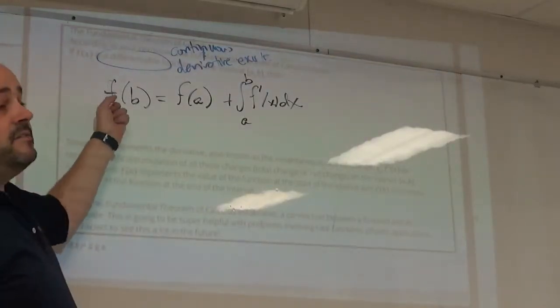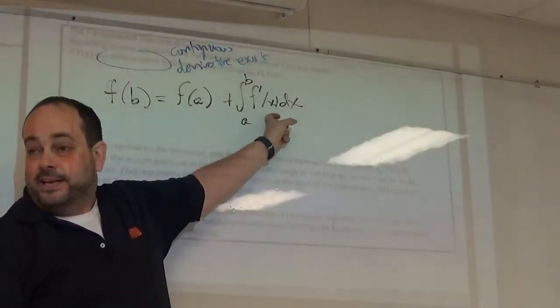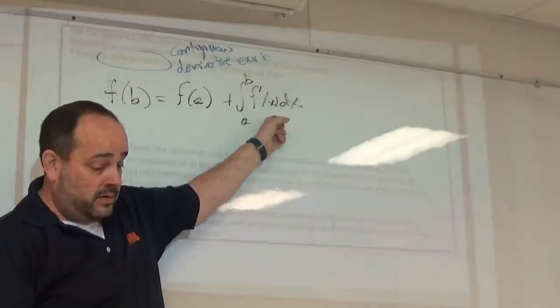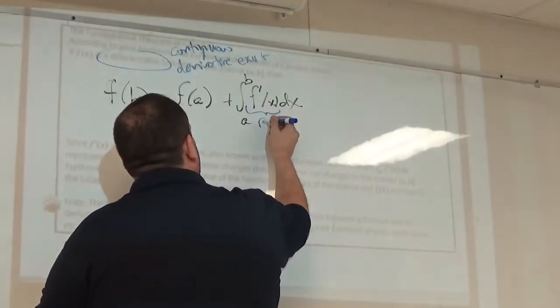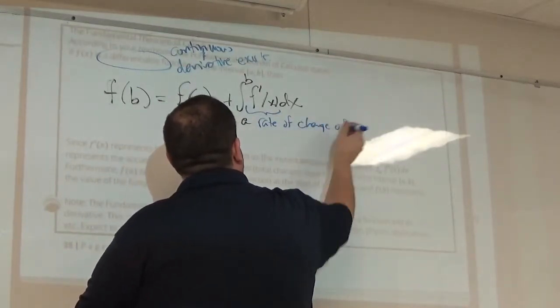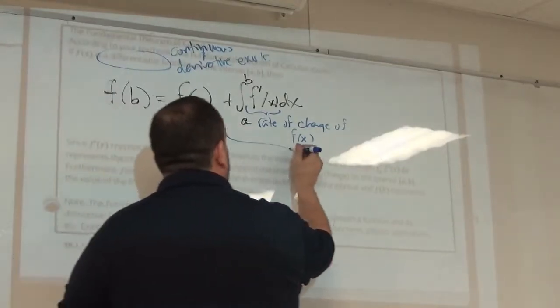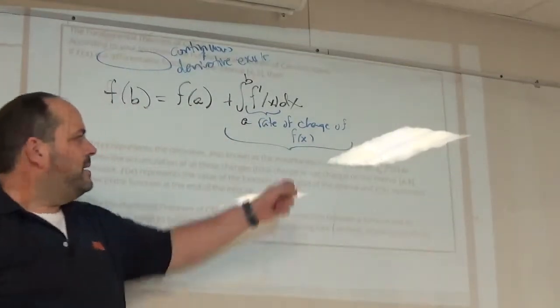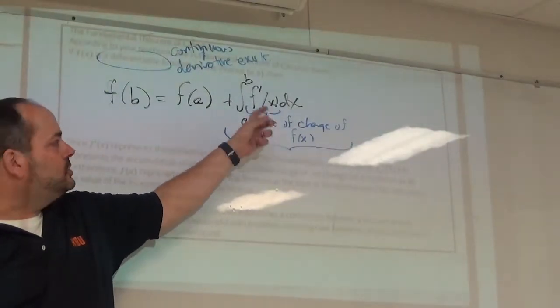F is the function that we're talking about. F prime is the derivative, right? The f prime is a rate. It tells you the rate of change of f of x. When I take that integral of a rate, we talked about this last week when we were doing the definite integral as a measure of change.